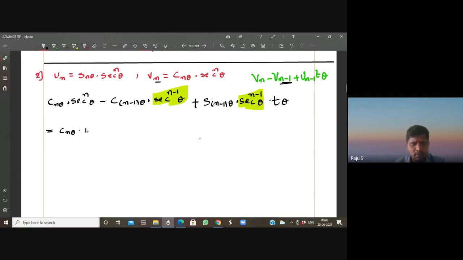Cos n theta secant power n theta minus secant to the power of n minus 1 theta is common. The remaining value is cos of n minus 1 theta plus sine of n minus 1 theta times tan theta. Shall I write tan theta as sine theta by cos theta? Is it right?